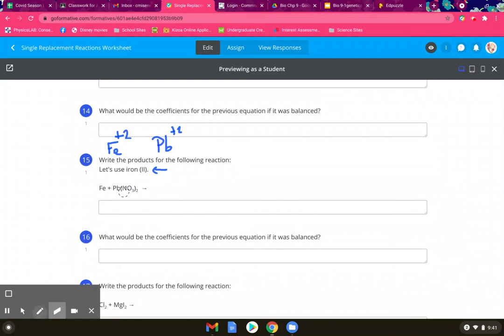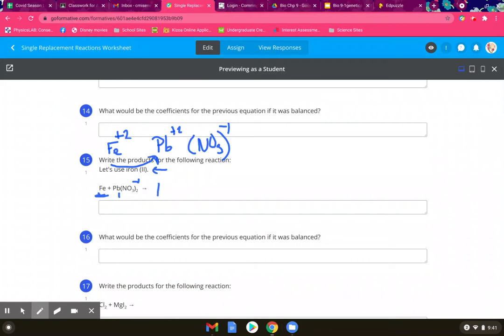Now, if we are looking at the NO3, we can find its charge a couple different ways. We can see, oh, there's a 1 there. So if we uncrisscross that, that tells us -1. Or you can look on your ion chart and look up NO3 and know that it's -1. So now since iron's the one by itself, it's positive, we're going to switch it with a positive.